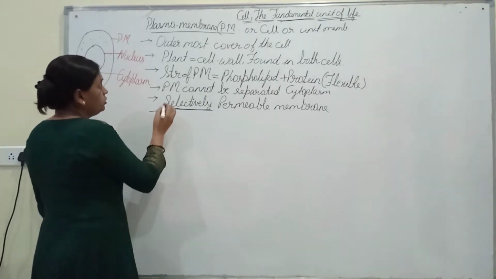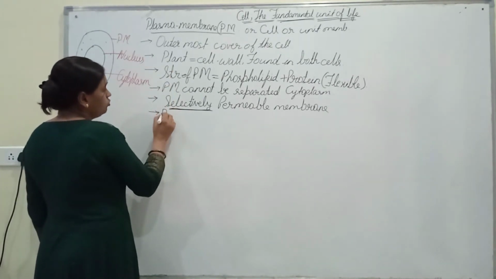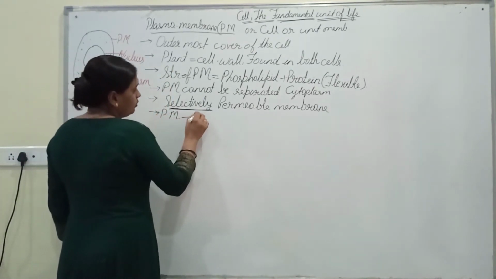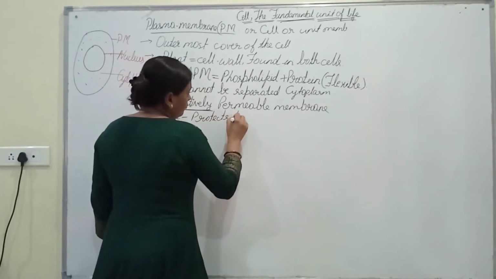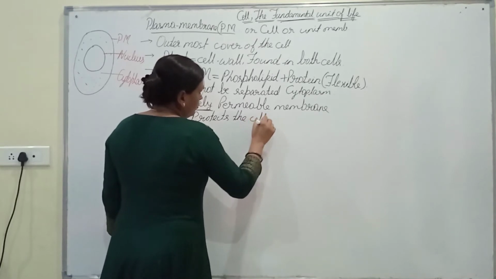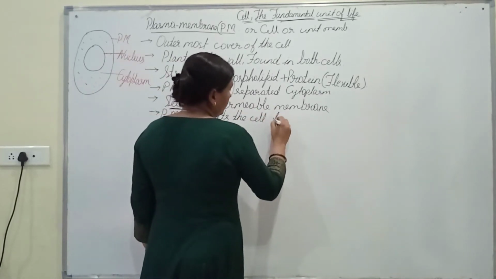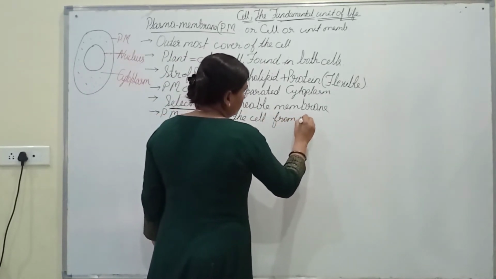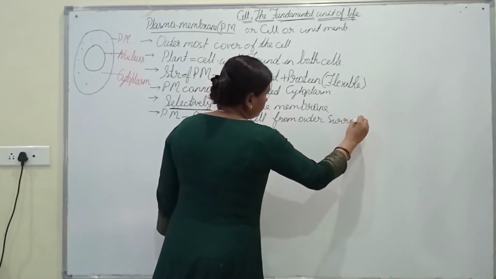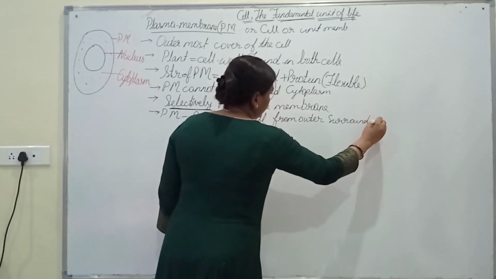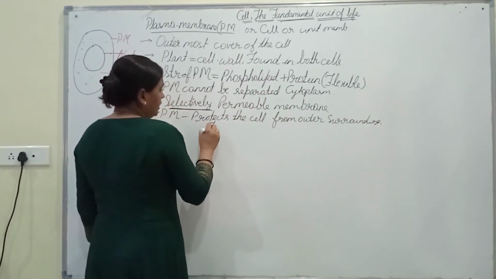The most important function of plasma membrane is to protect the cell from outer surrounding.